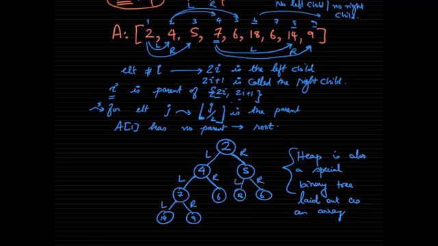So one key property that distinguishes it from a binary tree, let me write it here. If a node has a right child, it must have a left child.